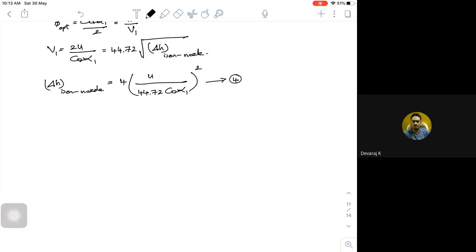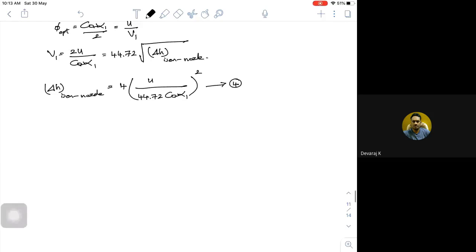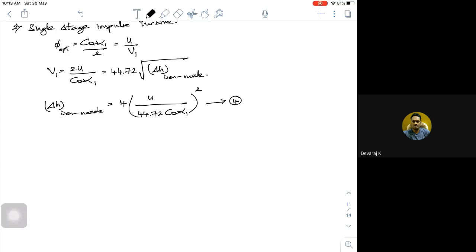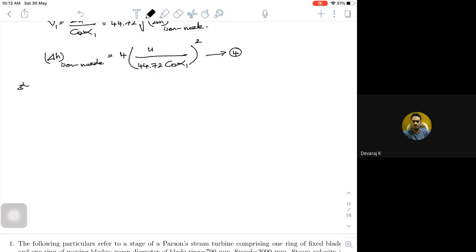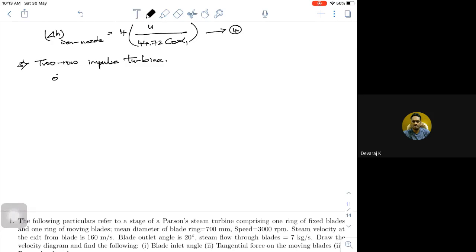What will happen if I go for 2 stages? If I go for a 2-row impulse turbine, in that case, phi optimum is equal to cos alpha 1 by 4.